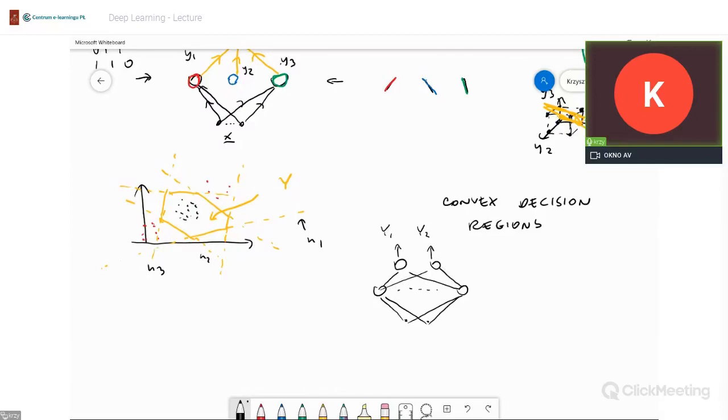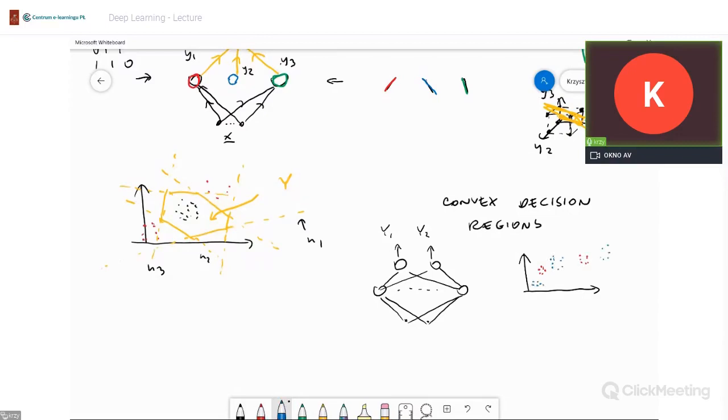So what can I expect? What I could expect is that I will be able to correctly respond to samples that are located in some disjoint regions.